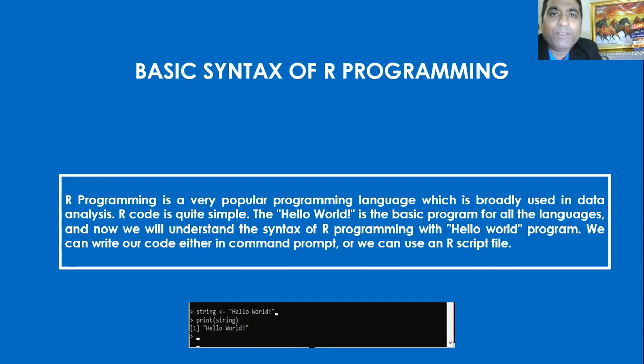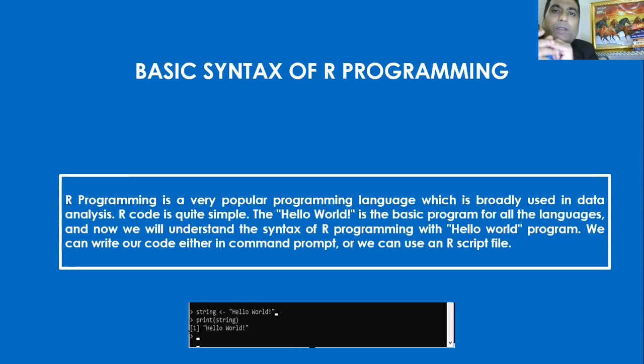The first program is the hello world, okay, and that you can create in a very simple way. I will tell you that there are three ways by which you can create your program, or you can run your program, you can execute your program.